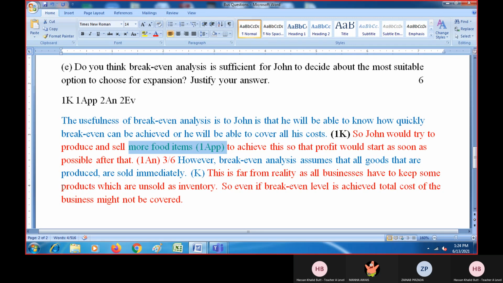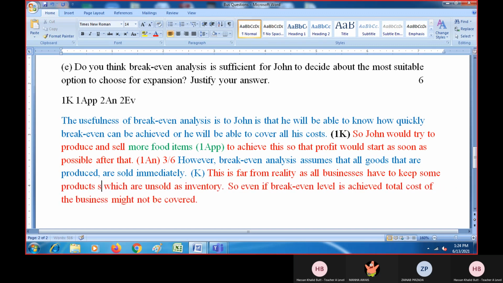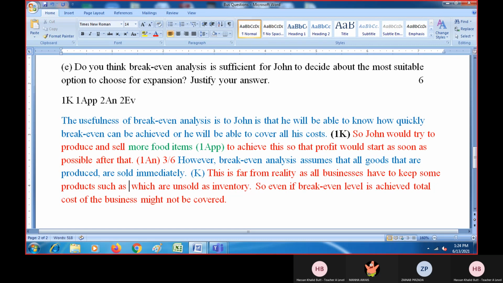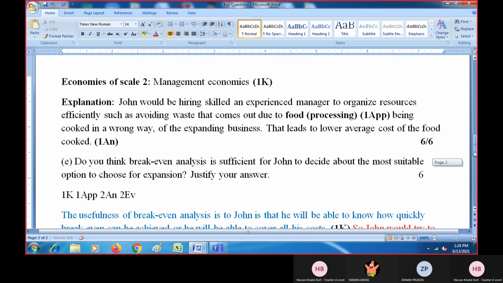Now, let me remove this word, products, and I write, let's say, keep some products such as vegetables or, let's say, pizza, because it's a restaurant and you know that it's a fast food restaurant.